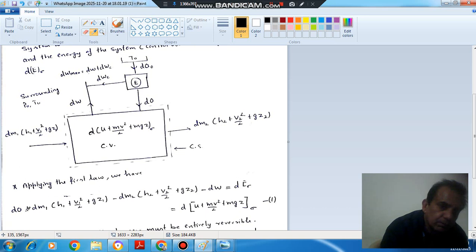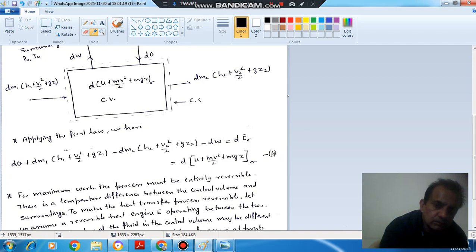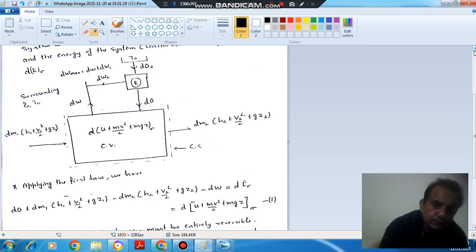So dQ will be plus entering, this will be plus entering, this will be minus leaving, dW is also minus leaving, and this will cause the change in energy of the system, that is this. So this is your first law applied to this control volume or open system. This is given by equation 1. Now we'll modify this equation 1.